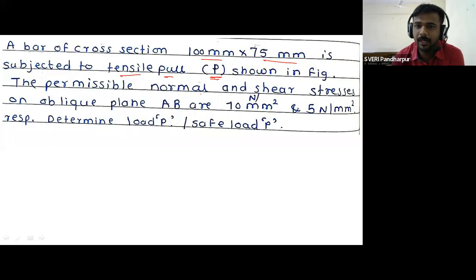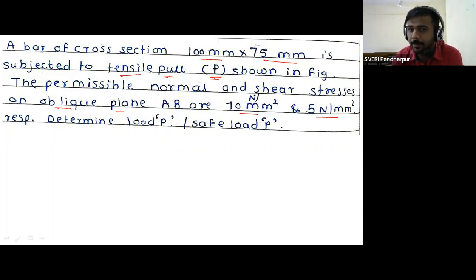The permissible normal and shear stress on oblique plane or inclined plane AB are 100 Newton per mm square and 5 Newton per mm square respectively. Determine load P. See, the permissible normal and the shear stress on the oblique plane.